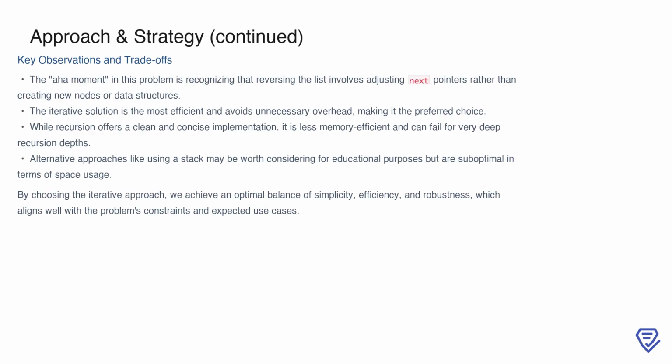While the recursive approach offers a clean and concise implementation, its reliance on the recursion stack makes it less memory efficient and potentially problematic for large input sizes. The stack-based approach, though useful for educational exploration, is suboptimal due to its O(n) space complexity. By selecting the iterative approach, we achieve an optimal balance of simplicity, efficiency, and practicality, making it the best fit for the problem's constraints and typical usage scenarios.